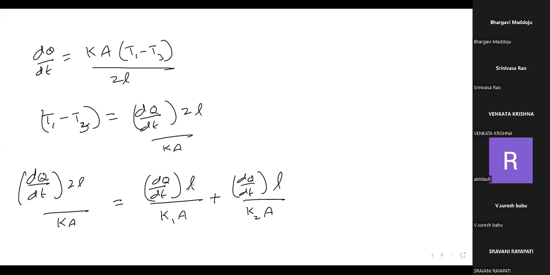Here dq by dt is the same, so we can cancel it. Finally, after solving, we get 2 by K equal to 1 by K1 plus 1 by K2. This is one equation we get.